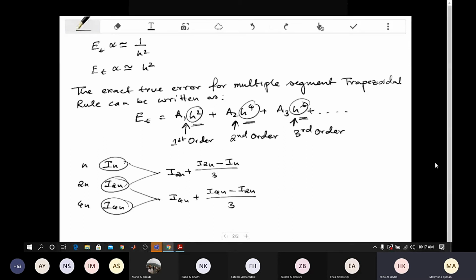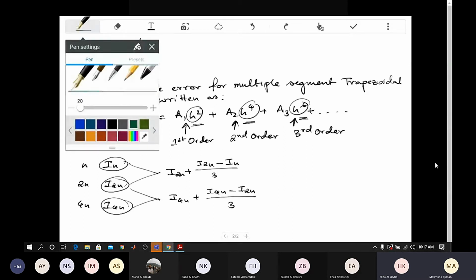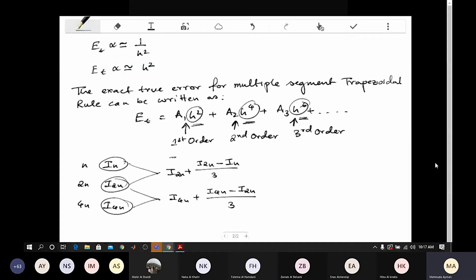No problem. So now let's say that this one here, let's name it Jn. So let's say this here is equal to Jn, and this one here is equal to J2n. Okay.